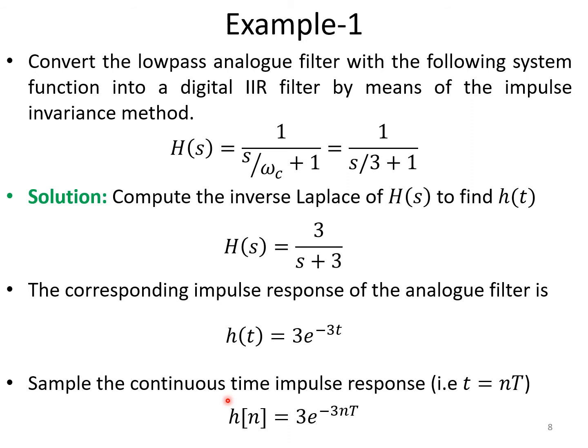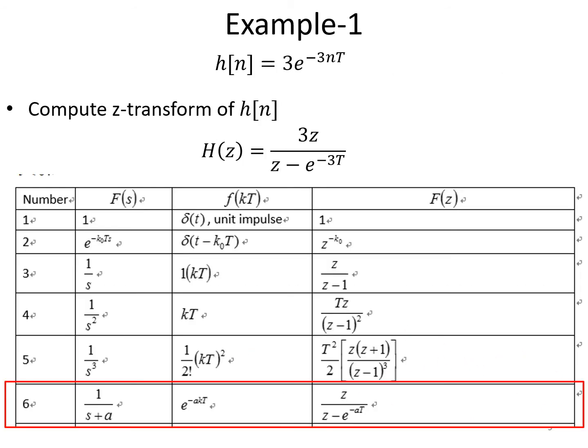Your filter would be converted to digital form, and then you have to choose the value of T, depending on the sampling theorem that you already know, so that it is low enough to avoid aliasing. Now we can use the Laplace transform and Z transform table to compute the Z transform.